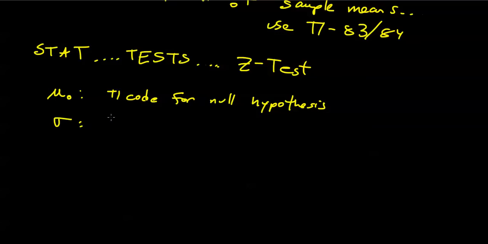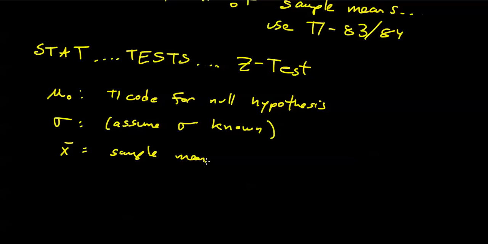Sigma. Now again, we are assuming sigma, the population SD, is known in section 8.4. X bar, of course, is your sample mean. N is going to be your sample size.